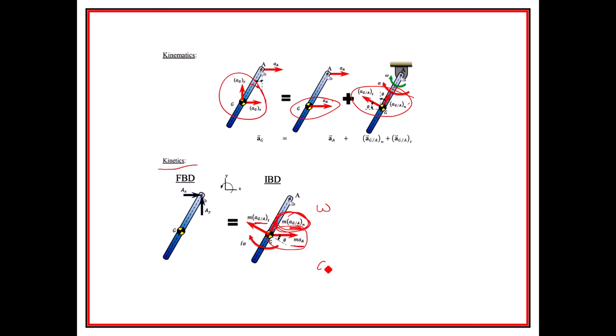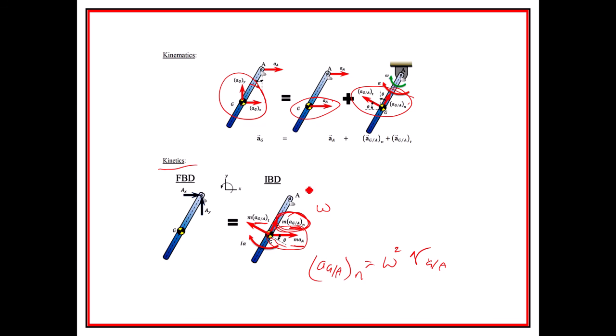The AG with respect to A in the normal direction is going to be omega squared times R G with respect to A. But if we take it in the tangential direction, for instance, right here, or no, we take it in the normal direction.